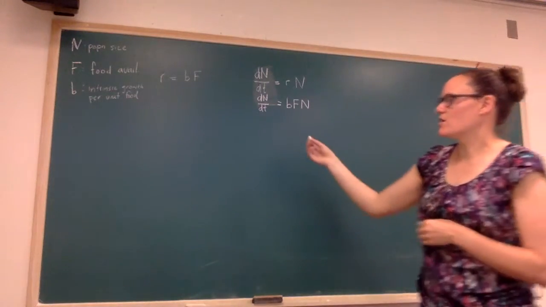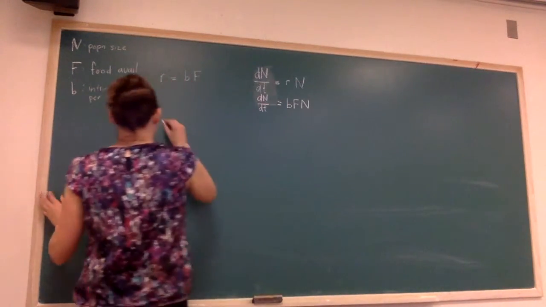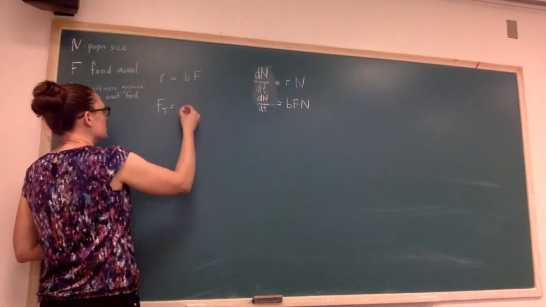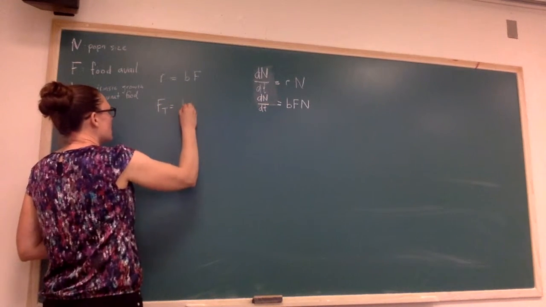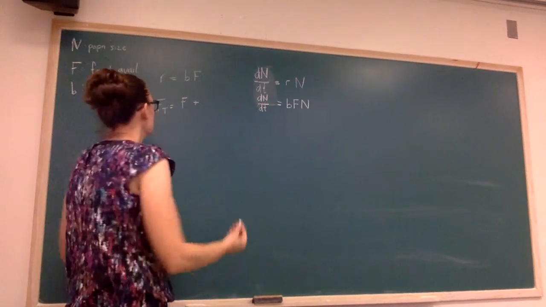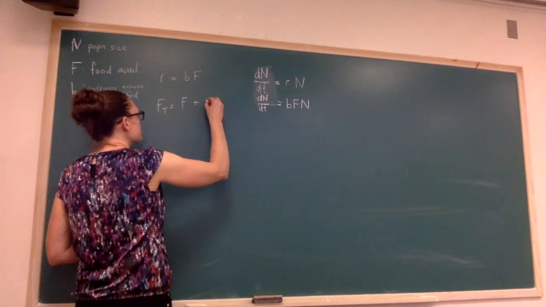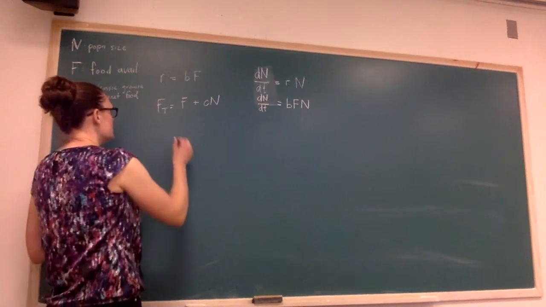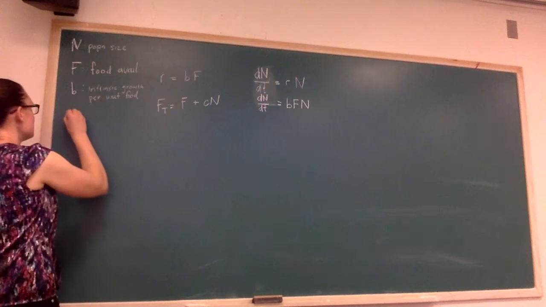So let's write another equation, and let's say that the total amount of food is equal to the amount of food that's available and the amount of food that got used by individuals. So here F is the amount of food available.